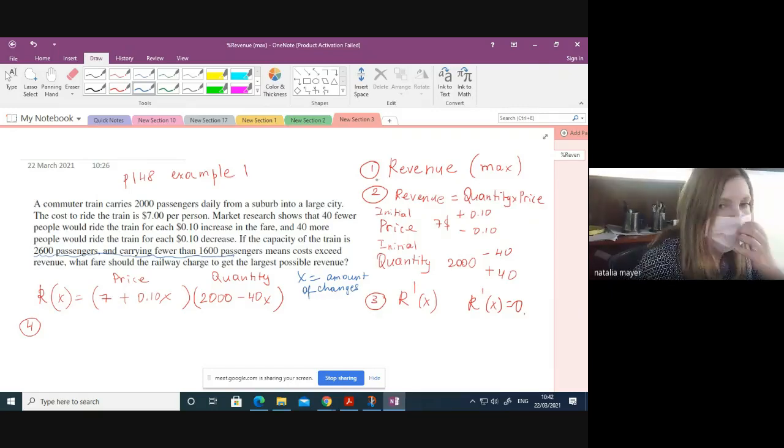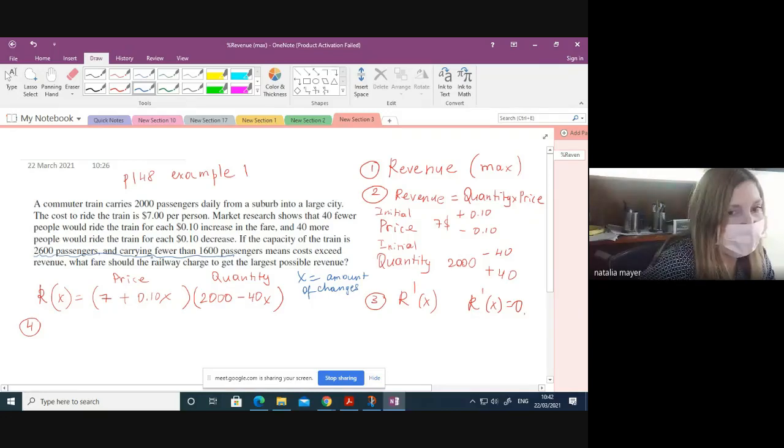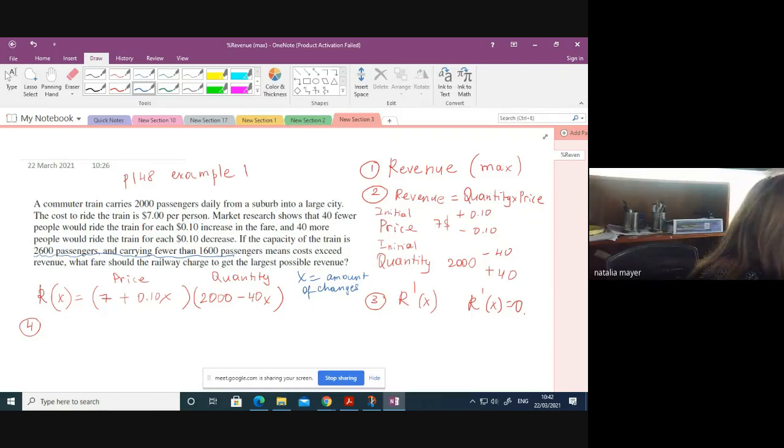So now, we said that this is limiting the amount of people. Tell me, in the function, which expression is this limiting? The quantity, right? So do we put the equation of the quantity equals 1,600 or 2,600?